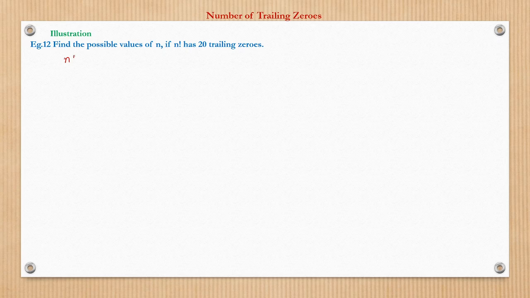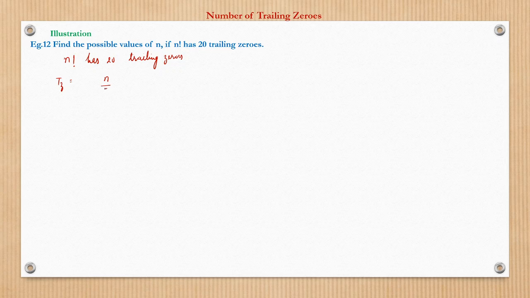So it is said that n factorial has 20 trailing zeros. So how do we calculate trailing zeros? That is by IGP.